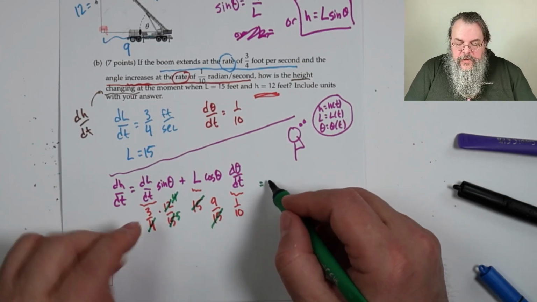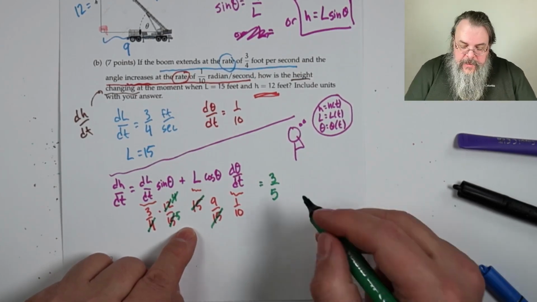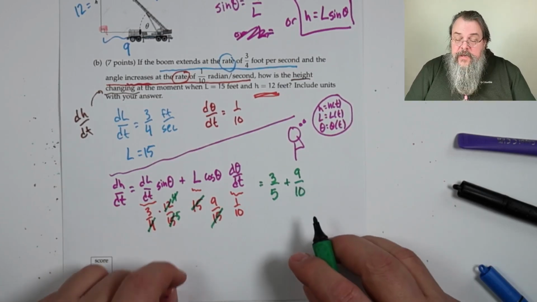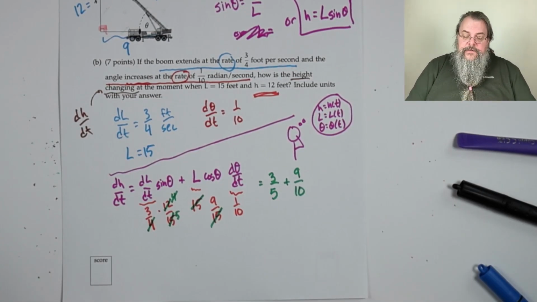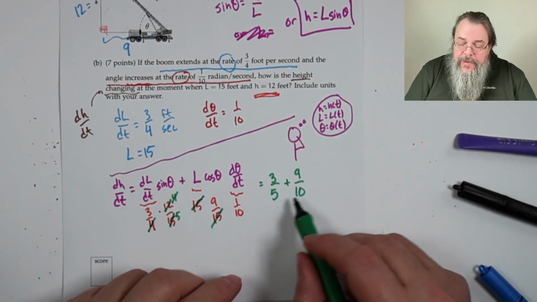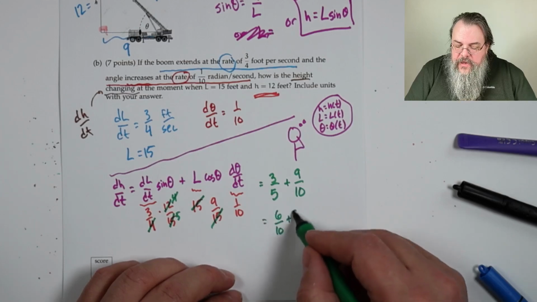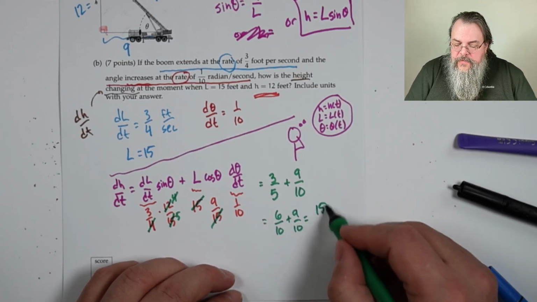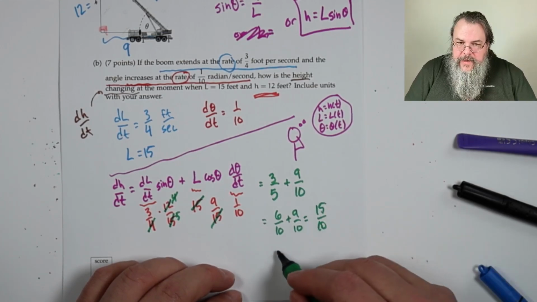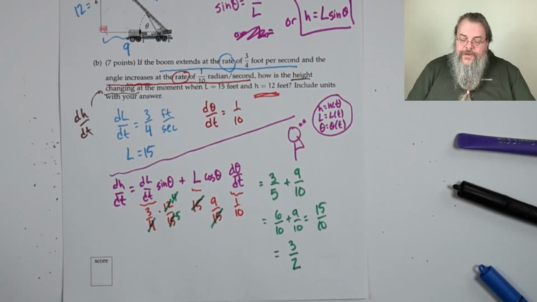We really have 3/5 plus 9/10. A common denominator would be 10. So that's 6 over 10 plus 9 over 10, making it 15 over 10. We can now divide both top and bottom by 5. That makes it 3/2.